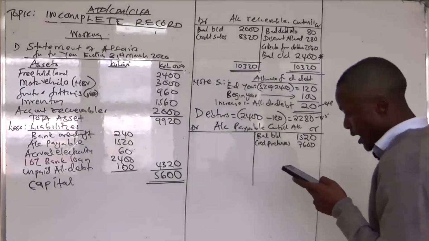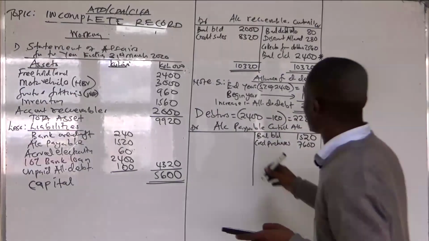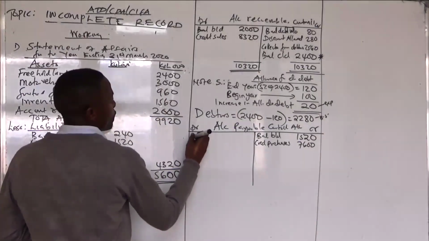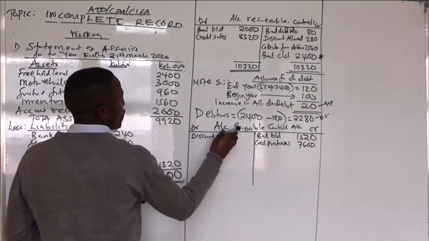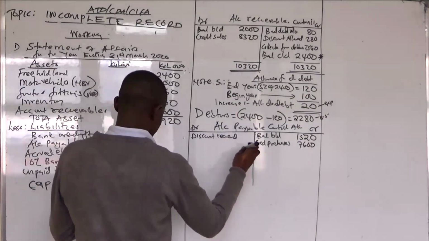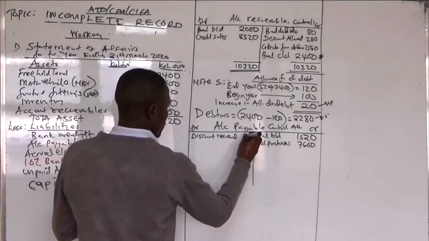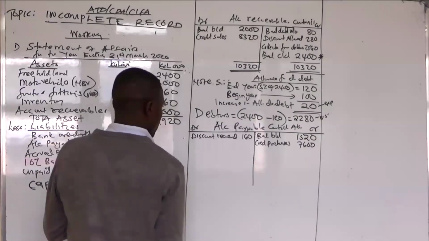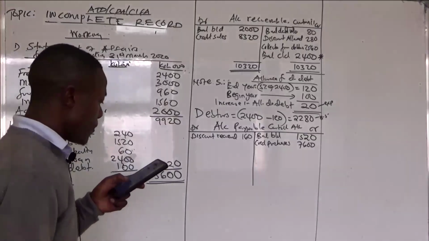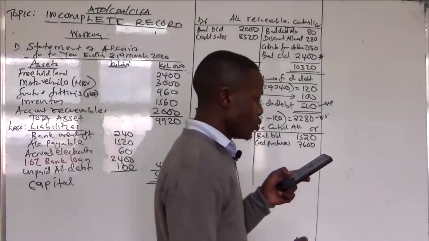Good. Then let us see if there are discount receipts. Does it come on the debit side? Yes, the debit side. How much? 160. Then check if there is anything else we need to record. Go back to note number 2.